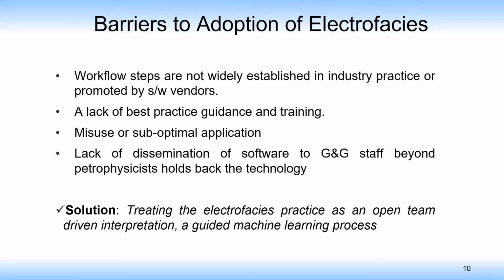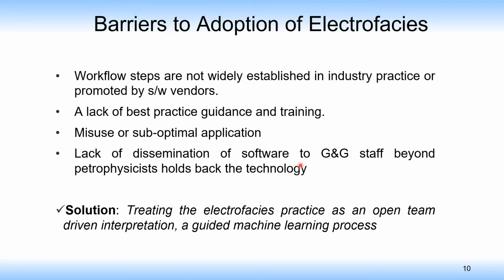There are barriers to adoption of electrofacies. The workflow steps are not widely established in our industry or promoted by the software vendors. And there's definitely a lack of best practice guidance and training. And there's misuse and suboptimal application that sometimes creates barriers within companies.